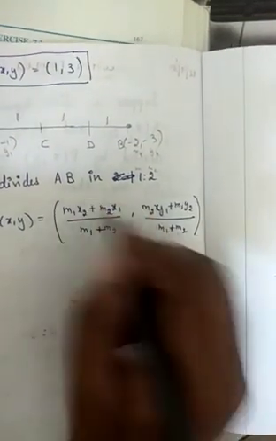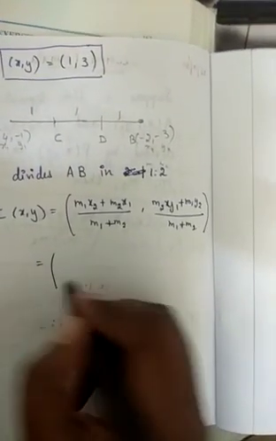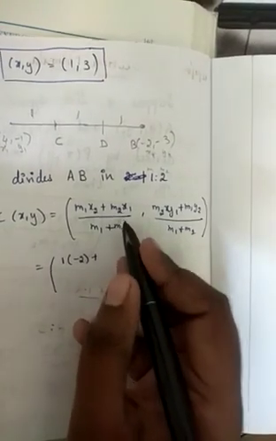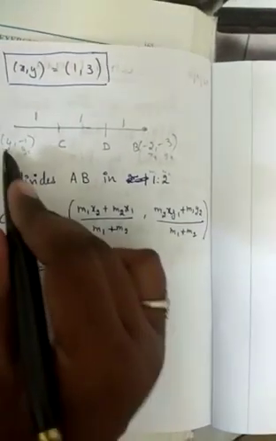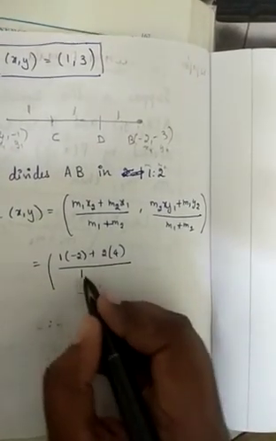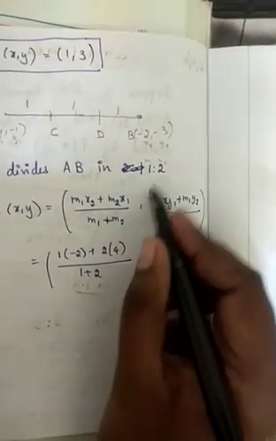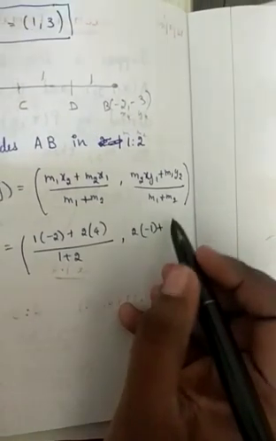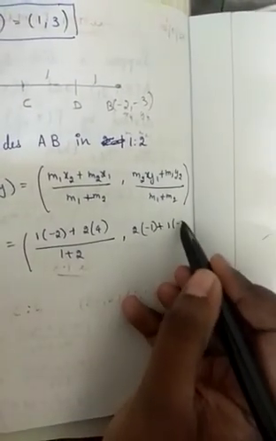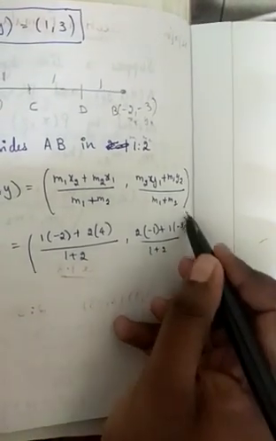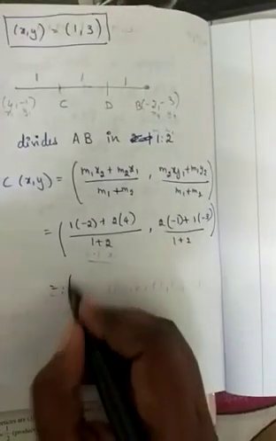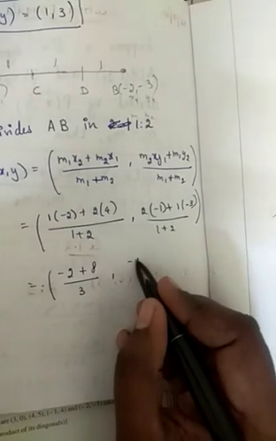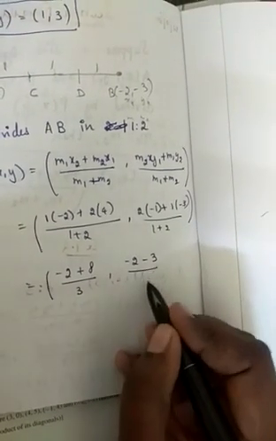Now let's substitute. m1 is 1 into x2, which is -2, plus m2, which is 2, into x1, which is 4, divided by 1 plus 2, comma, m2 is 2, y1 is -1, plus m1, 1, and y2 is -3, divided by 1 plus 2.